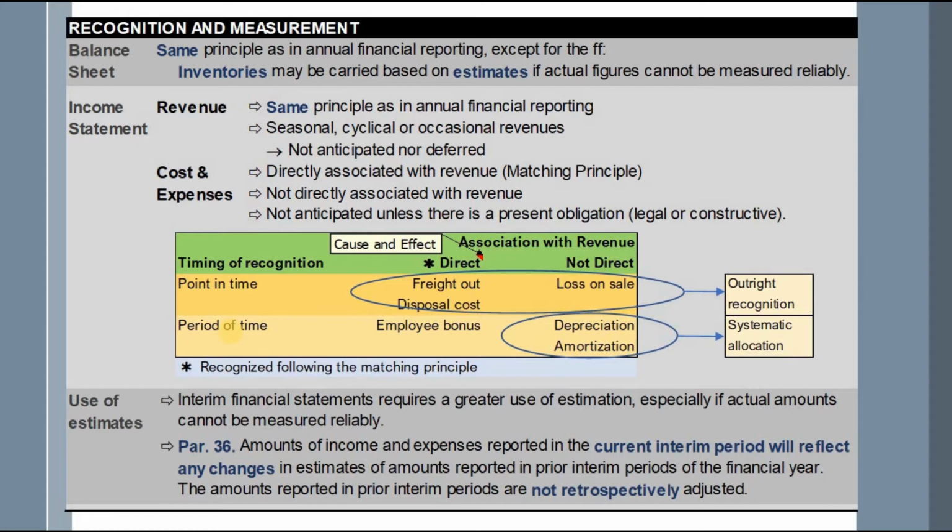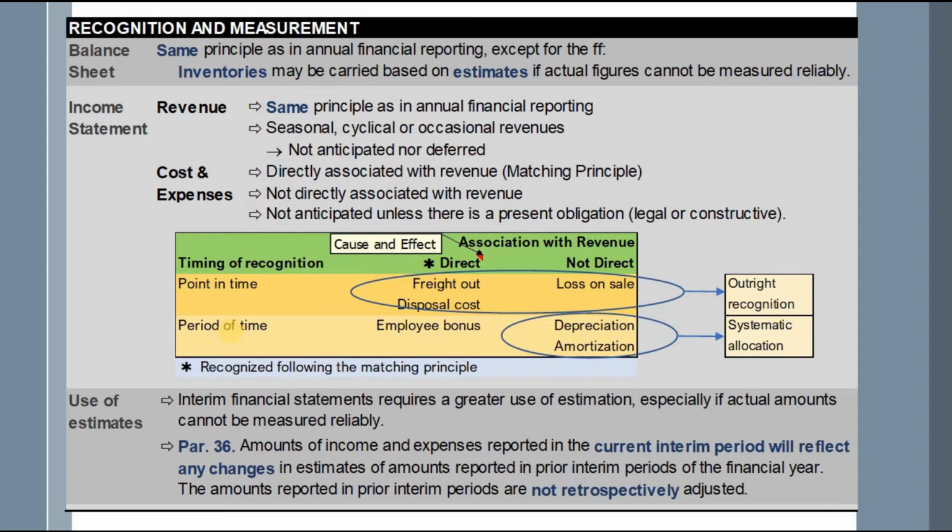So of course, when we say recognition during a period of time, it means that such expense or expenditure, the benefit from which can be obtained for a longer duration. So that is why expenses should be recognized during the period such benefit has been obtained by the entity.